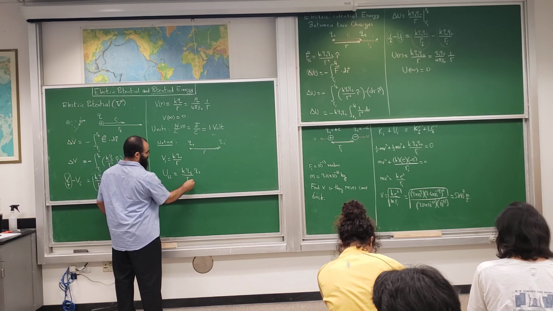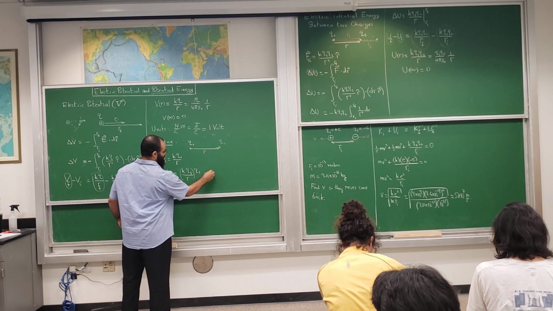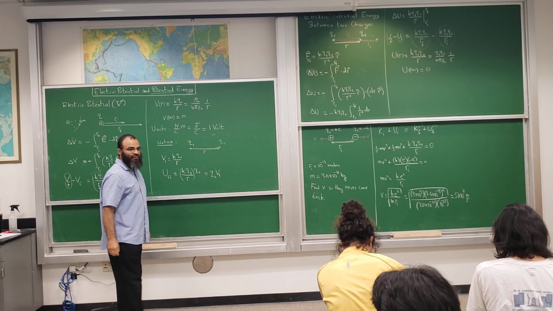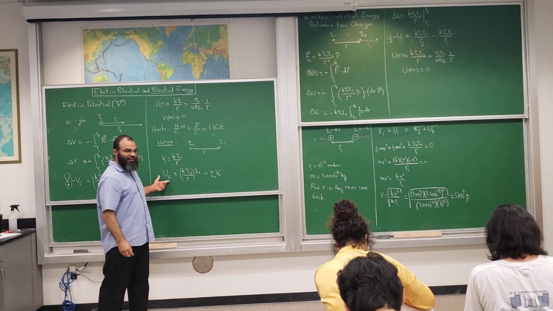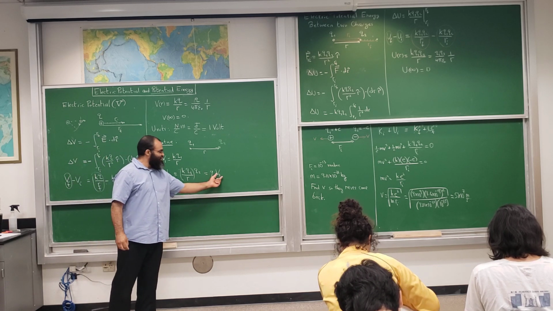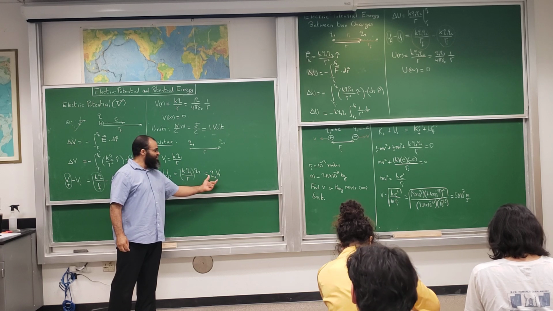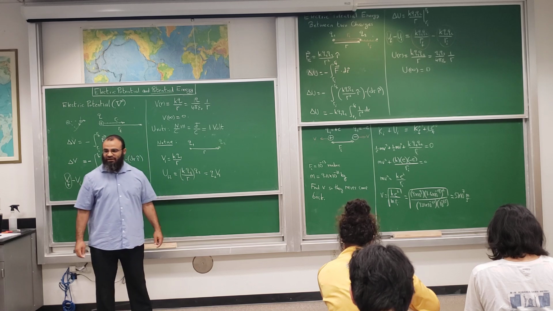What's kQ1 over R? Yeah, this is V1, right? So it will just become Q2 times V1. So once you know the potential, and you place a charge in that potential, the potential energy is just the product of that charge and the potential.